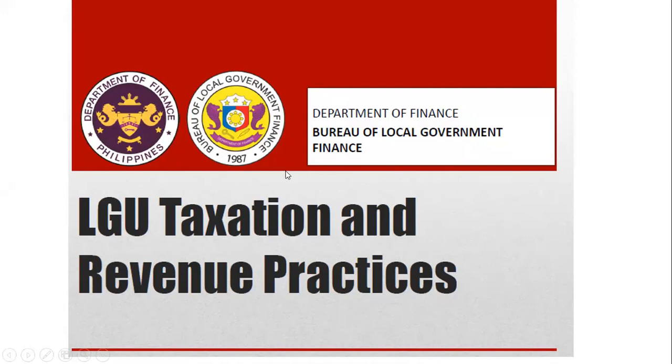In fact, I was not aware of this until today. They made a study because they are currently working on the revision of the Constitution and also the taxation of LGUs with federalism.